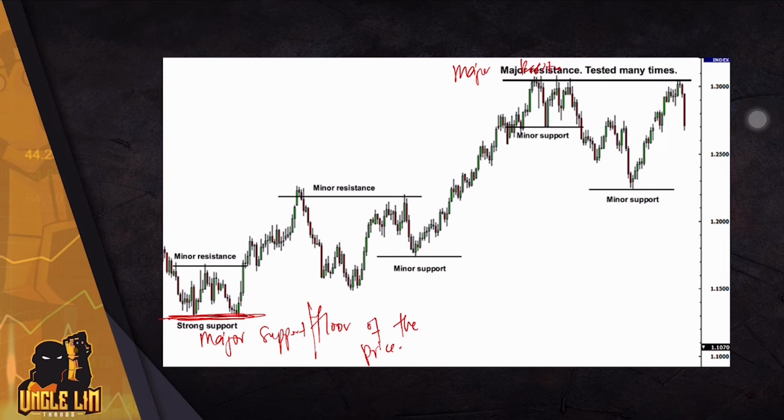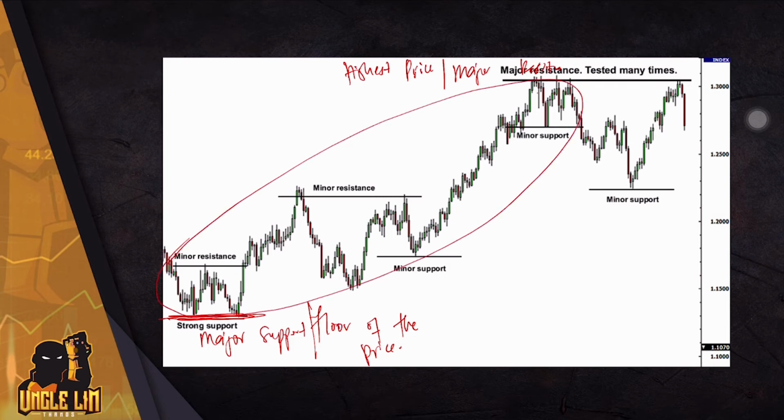There is the floor, and this is the highest price that is. There is the major support and major resistance. Between the major support and also major resistance, the price also makes another resistance and also support. So between this major resistance and support, there are minor support and minor resistance.